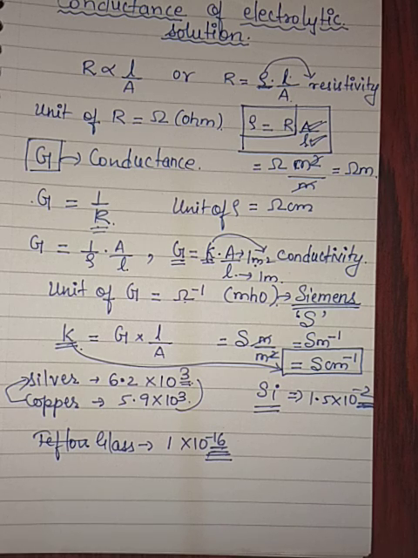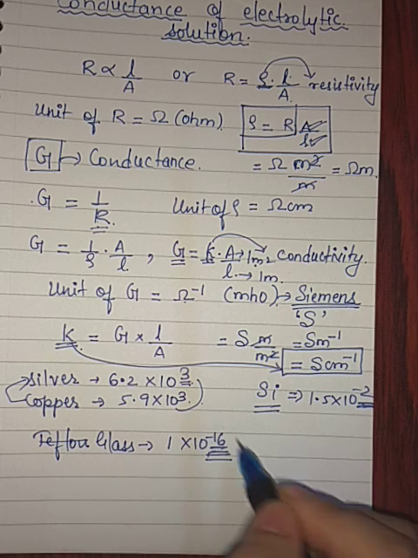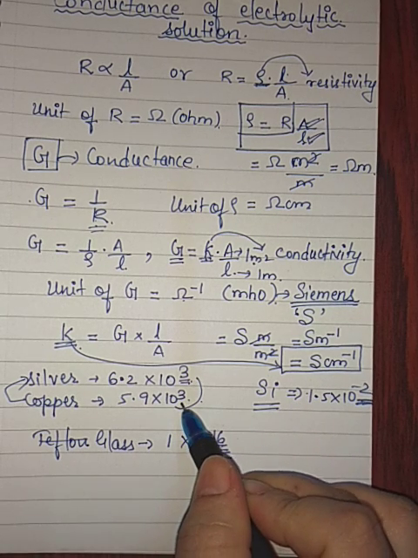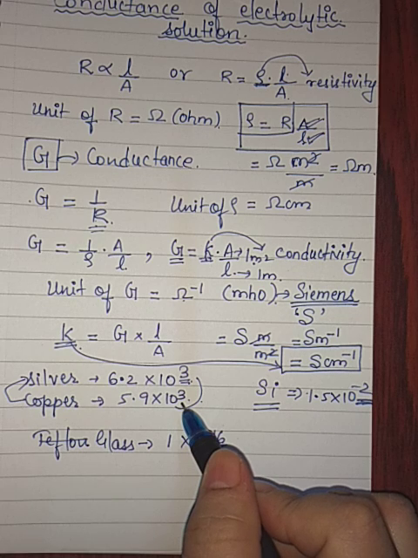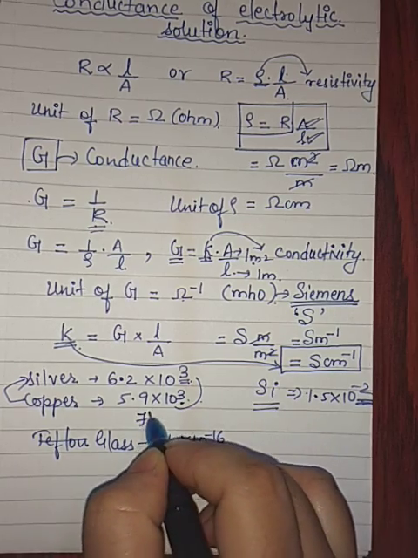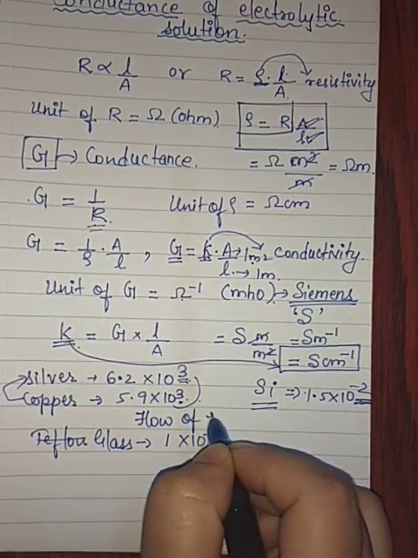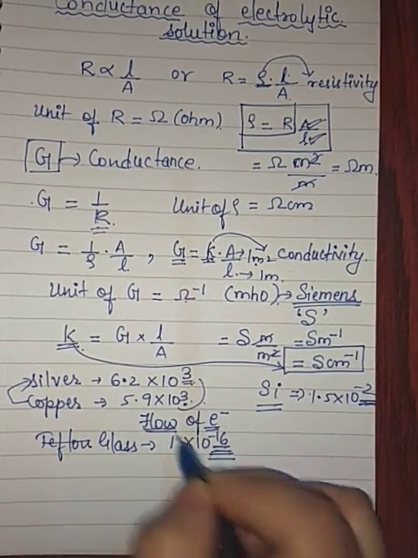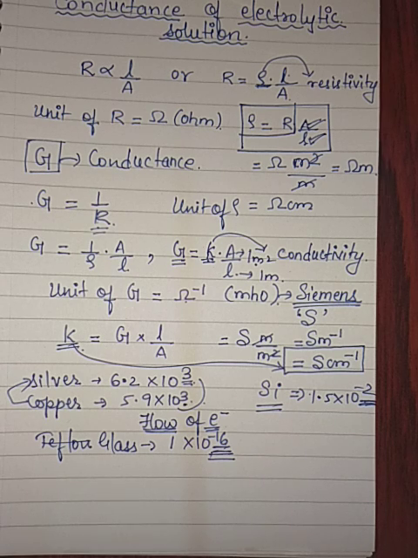Also, one more important thing you should know, that these are electronic conductors. Why they are called electronic conductors? Because the conductance basically happens due to flow of electrons. So there is flow of electron, that is why conductivity occurs in them. So they are called electronic conductors.